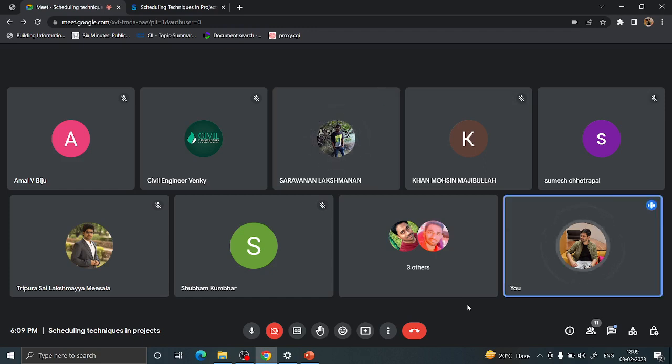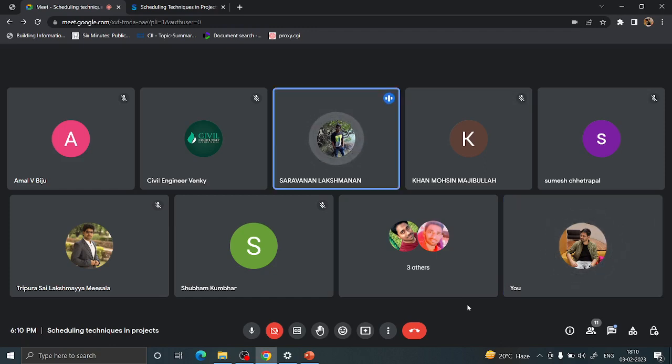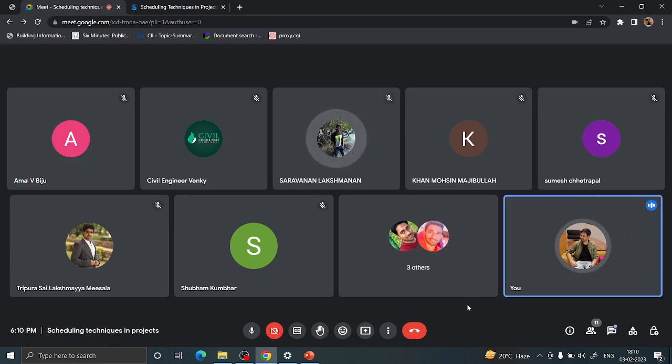Okay, unique objective. So we have seen many houses being built, and there are a couple of projects that look the same, like the house is the same, the design is the same. So will you still call it a project? It is still unique.